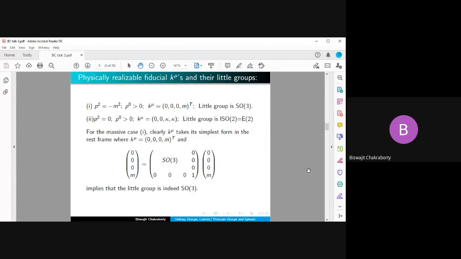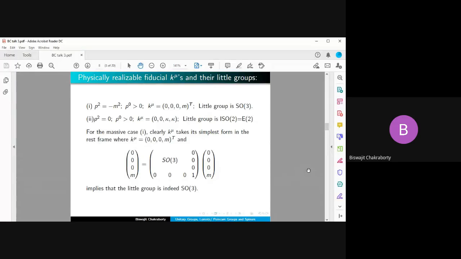Okay. Now let me go to the massless case. The massive case is SO(3). For the massive case, it is a non-relativistic situation, where you have the SO(3) group or SU(2) group, which is the double cover of SO(3).